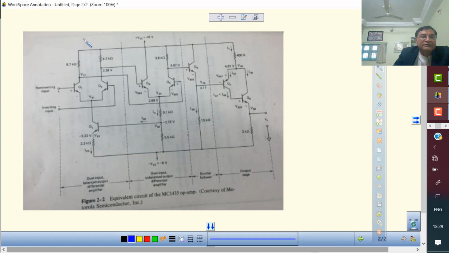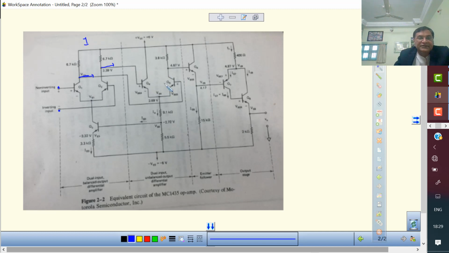So this is amplifier 1. Dual input means it has 2 inputs and 2 outputs. One output is from this transistor and second output from this transistor. So it is called balanced. So dual input, balanced output, differential amplifier. This is your first stage.